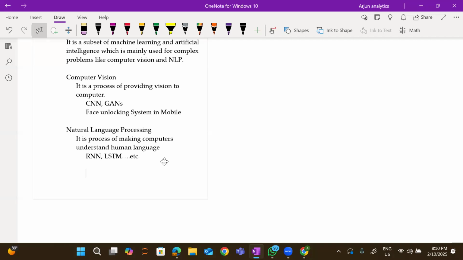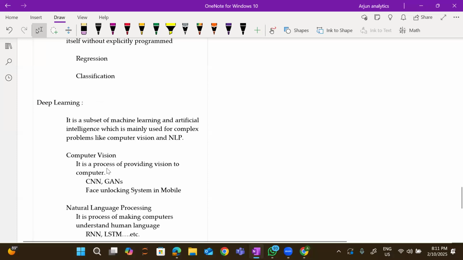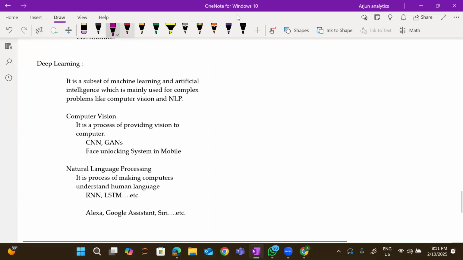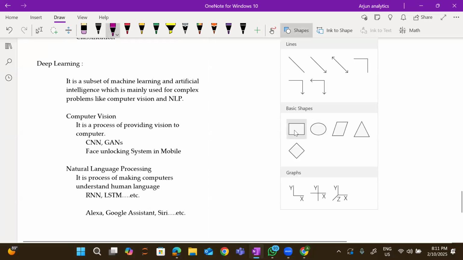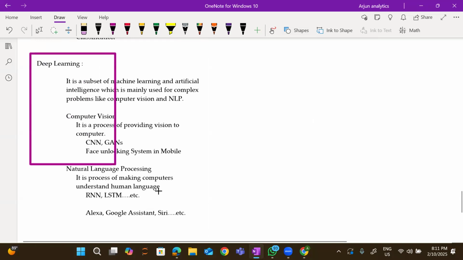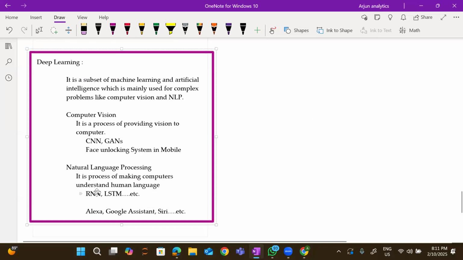That is nothing but our Alexa, Google Assistant, and Siri in Apple phones, etc. So this is about our deep learning.